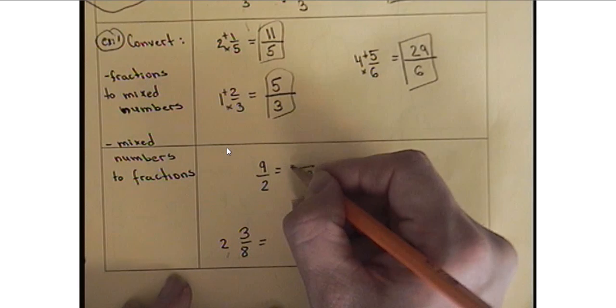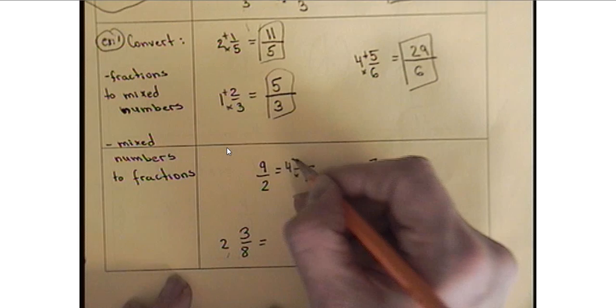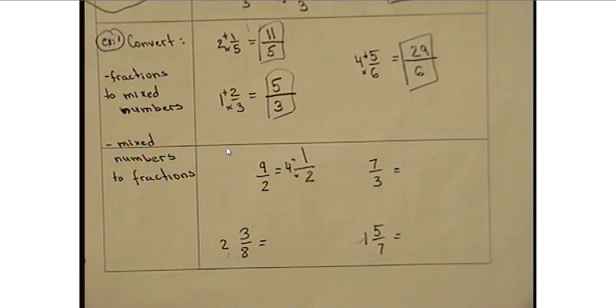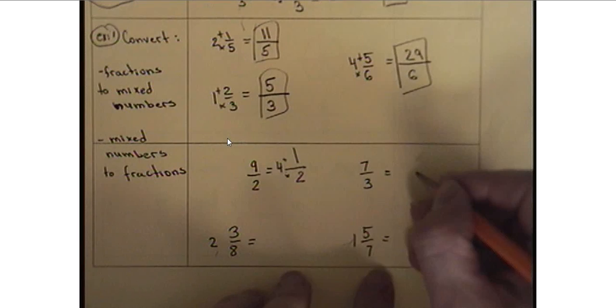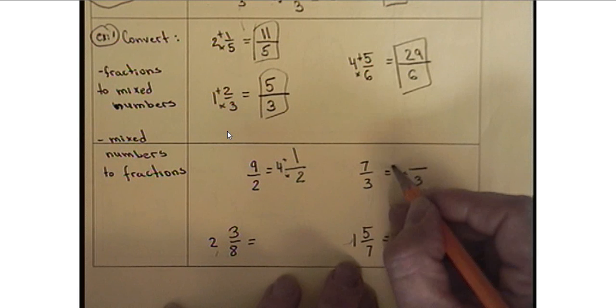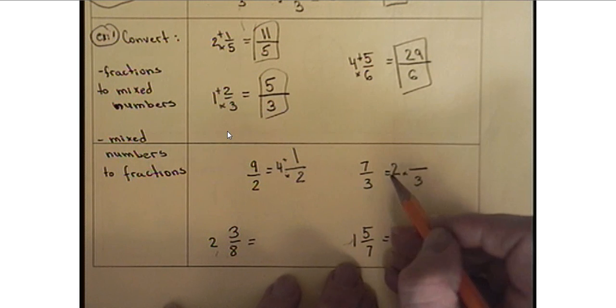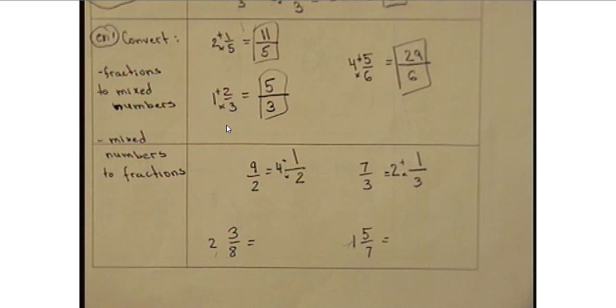That will be 2 times 4, right? 2 times 4 is 8, and then plus 1 will give us 9. So 4 and 1/2 is the mixed number of this. 7 over 3, 3 on the bottom. 3 goes into 7 2 times because 2 times 3 is 6 plus 1 will give us 7. So 7 over 3 is 2 and 1/3.